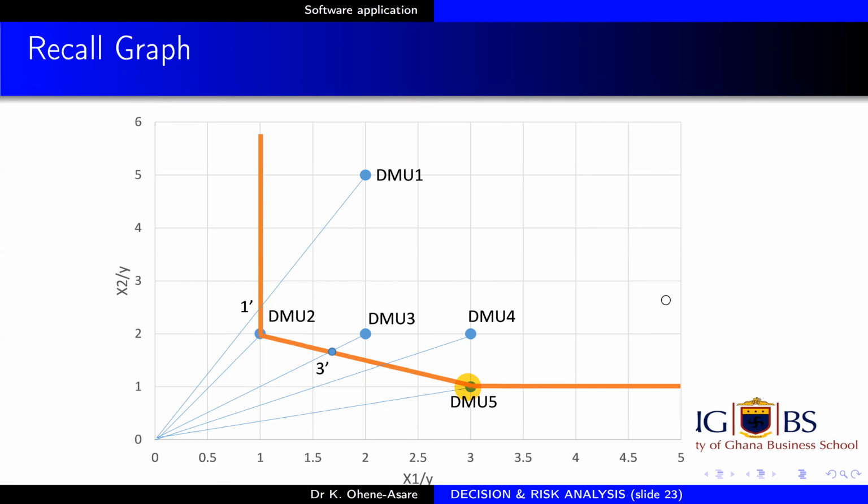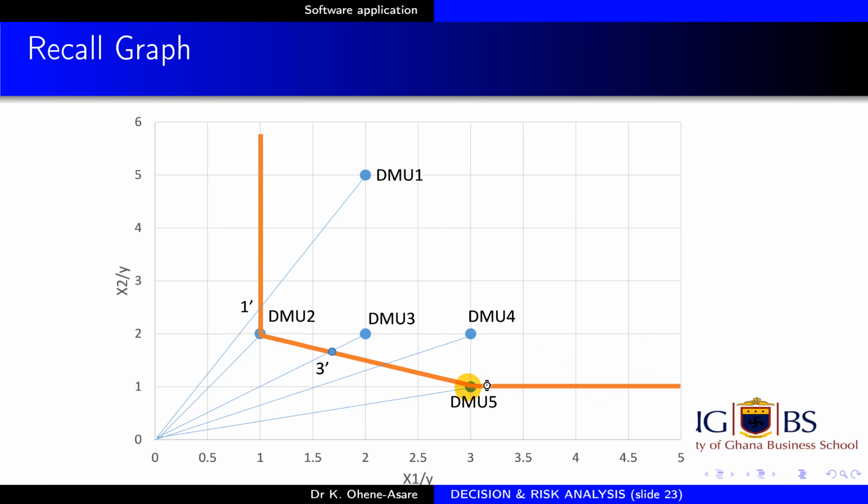I can trace a certain DMU that will hit 5, and 5 becomes its target because it's on the frontier. But that 5 also happens to be a real DMU because it's a peer. For you to be a peer, you must be a real DMU.